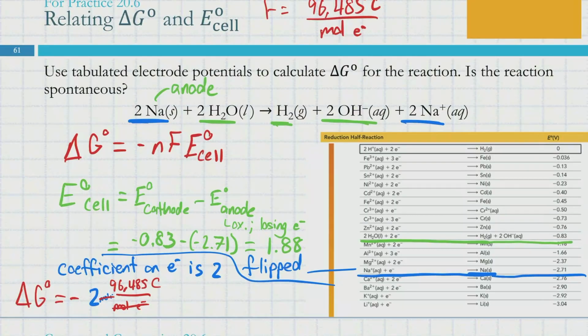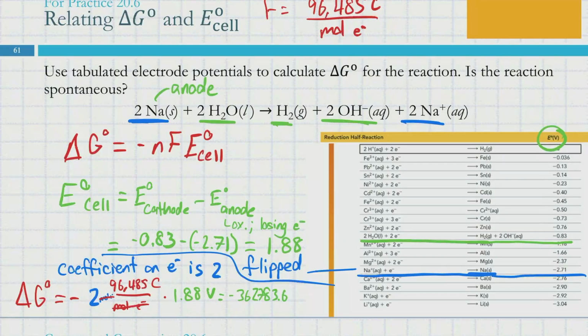And then our standard cell potential in volts, which is 1.88 volts, because our standard cell potentials are in volts. Okay, so negative 2 times 96,485 times 1.88, negative 362,783.6.